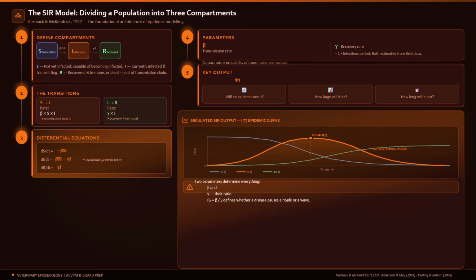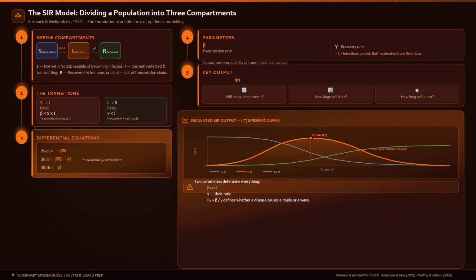Here's the model itself. We divide the population into 3 compartments: susceptible, not yet infected but vulnerable; infectious, currently infected and transmitting; and removed, recovered and immune, or dead, and either way, out of the transmission chain. Animals move between these compartments through 2 transitions. Susceptible to infectious happens at a rate of beta times S times I. That's our transmission event.